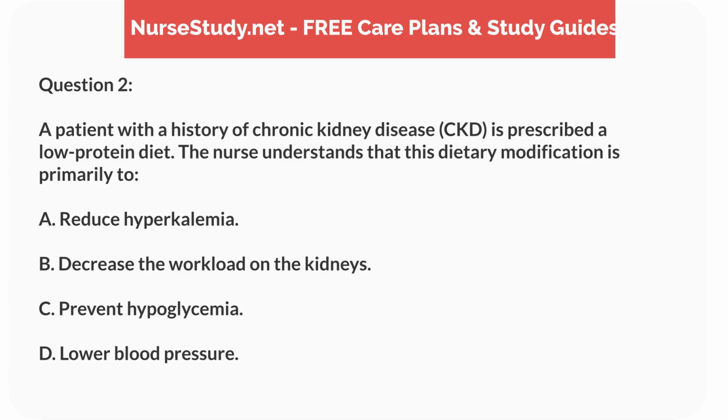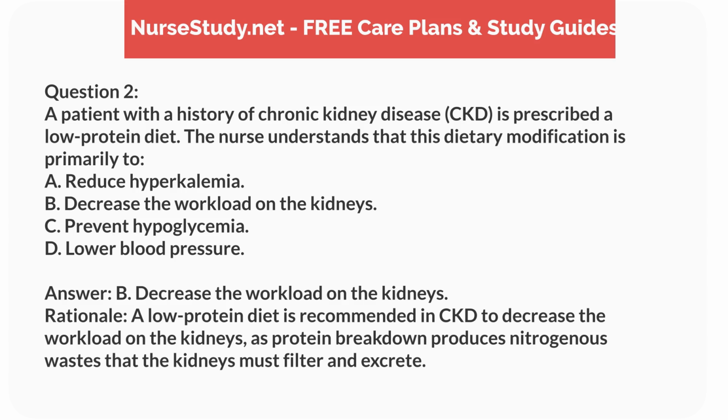D. Lower blood pressure. Answer: B. Decrease the workload on the kidneys. Rationale: a low-protein diet is recommended in CKD to decrease the workload on the kidneys, as protein breakdown produces nitrogenous wastes that the kidneys must filter and excrete.